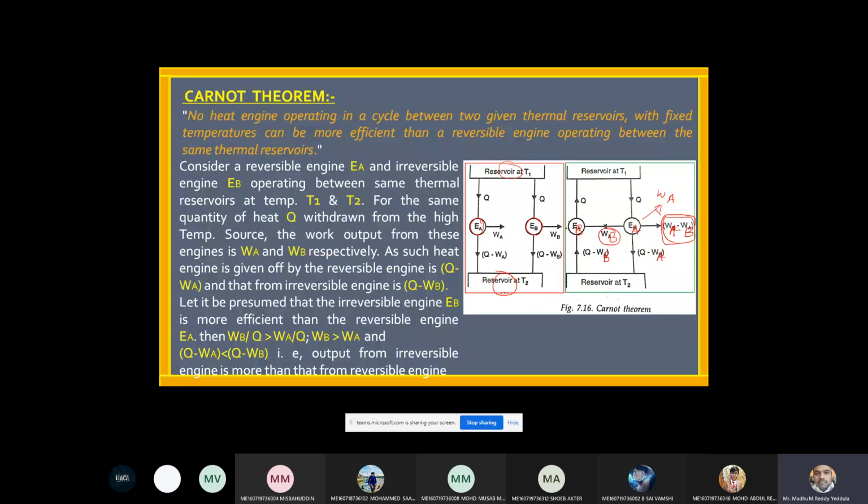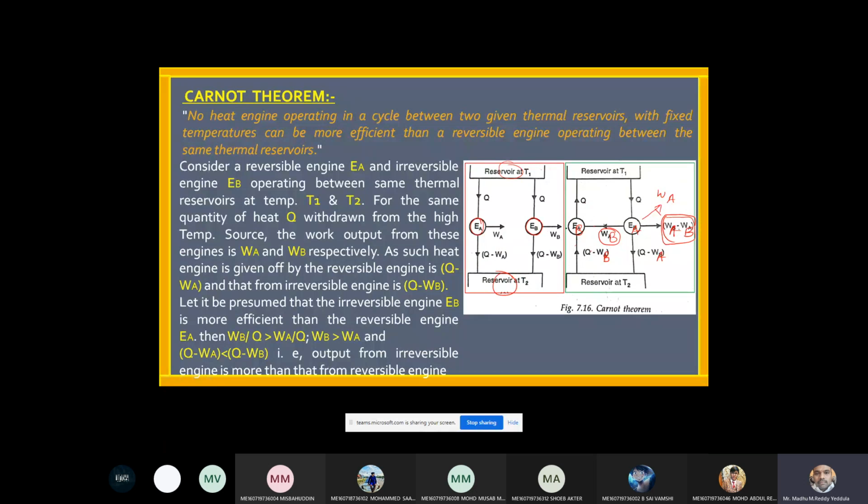Now this pump is taking heat from the reservoir at T2. So let us say it is extracting Q minus WB, and in order to do that, WB is the work required. So if you draw the energy balance for the pump, these two are going into the pump and this is coming out of the pump, right?